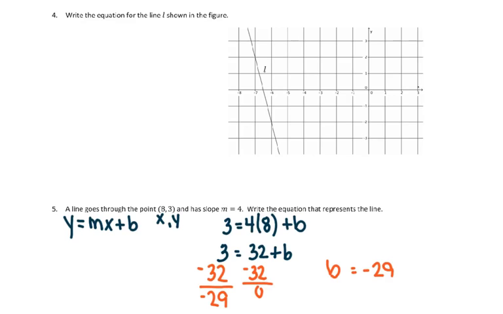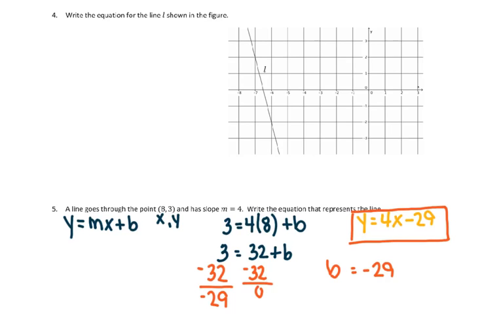So now I have all the information that I need to write my equation in slope-intercept form. My equation is y = 4x, because 4 is my slope, minus 29, because negative 29 is my y-intercept. So that is the equation of my line. I'm done. That's all we had to do.